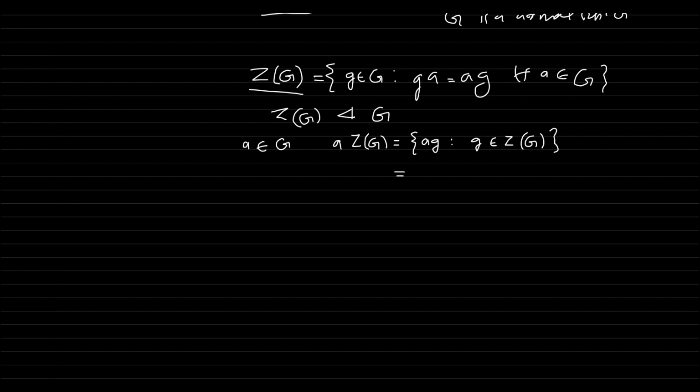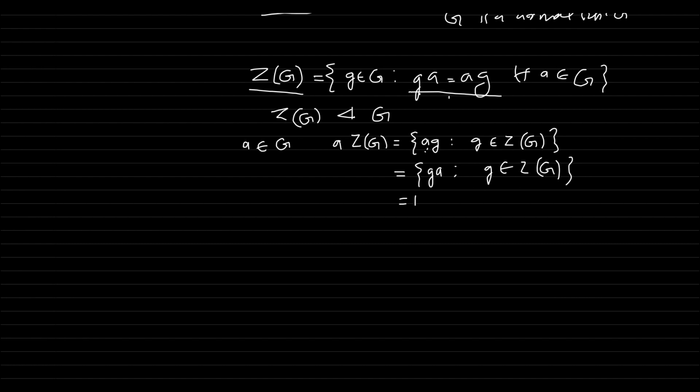Here the center of G consists of all elements which satisfy this condition, so for this, ag is equal to ga. So we can write ga such that g belongs to the center of G. And what is this set?